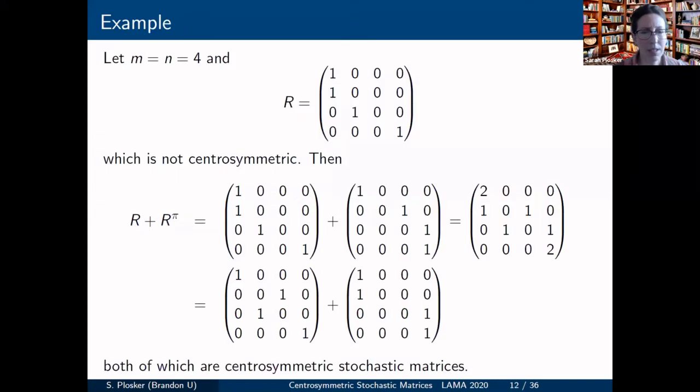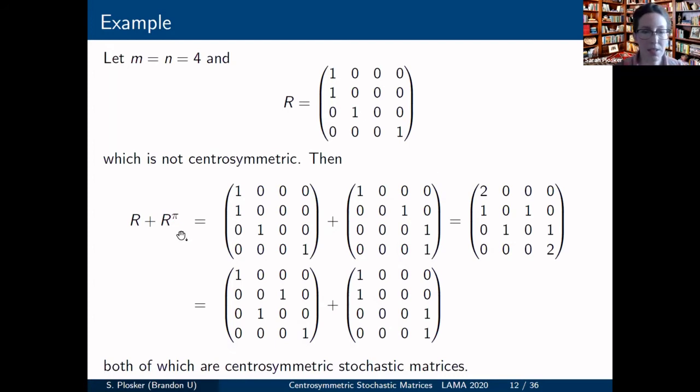And I will give an example rather than a proof. It's nothing too illuminating. So this is, let's say, a 4x4 matrix R, and it's not centrosymmetric because either this third one here should be here, or this second one should be over here to make it invariant when you rotate by 180 degrees.